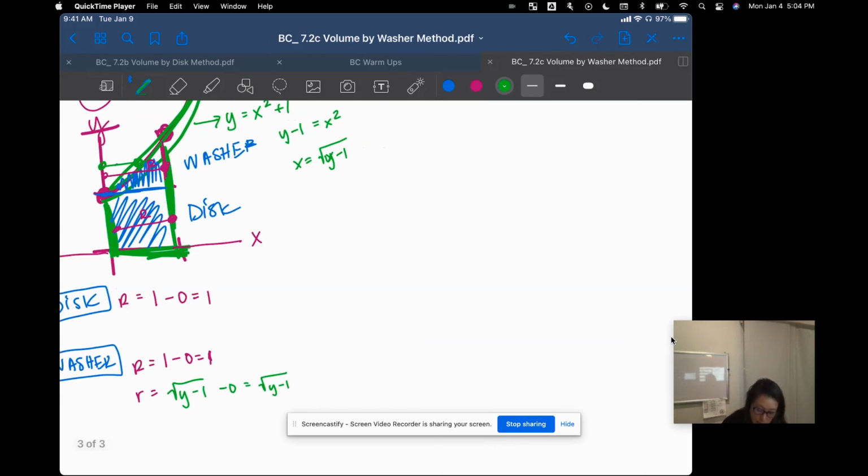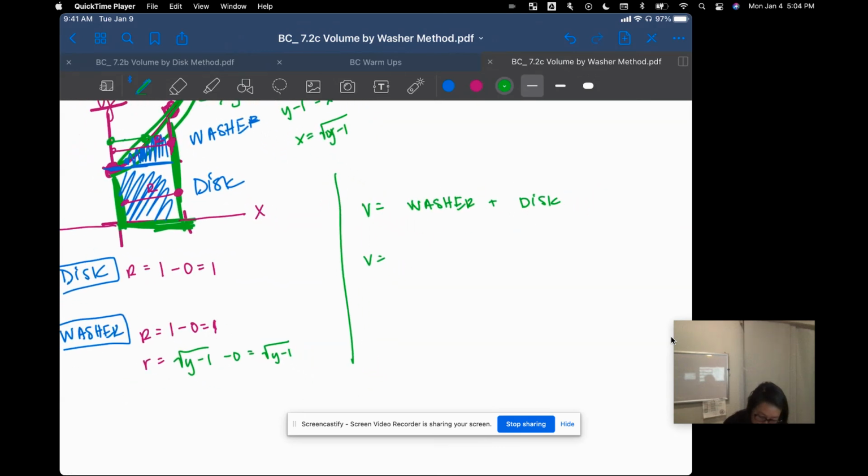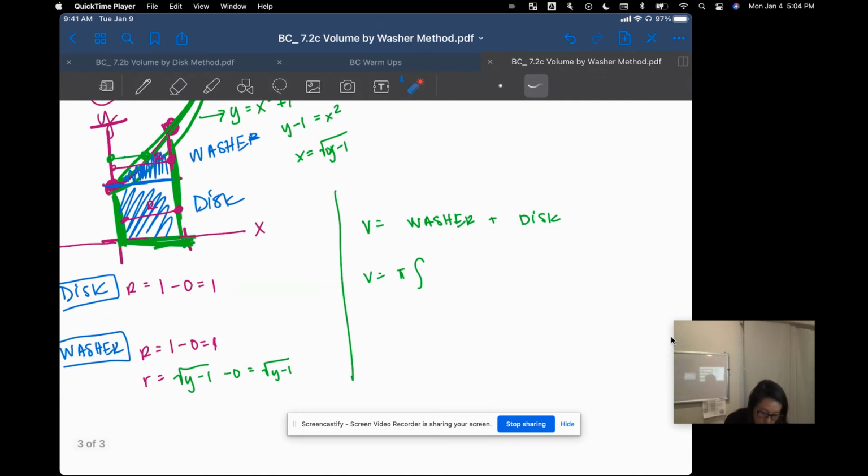Okay, time to find the volume. The volume is equal to the volume of the washer plus the volume of the disk. Okay, so the washer is equal to pi times the integral. The washer is being cut up from y is equal to 1 to y is equal to 2. So 1 to 2.